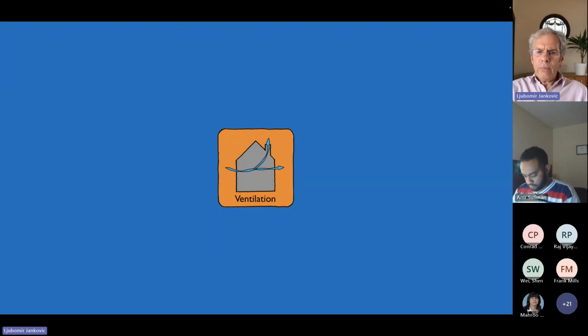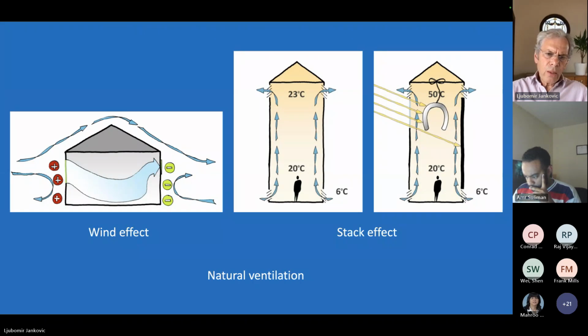Ventilation is another very important design consideration. In addition to discharging thermal mass, we want to control the temperature of the building in different ways and at different times. There are two mechanisms for natural ventilation.